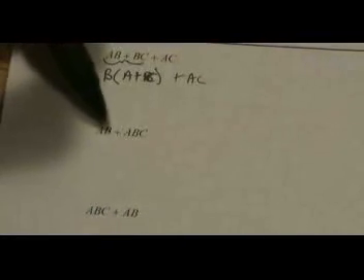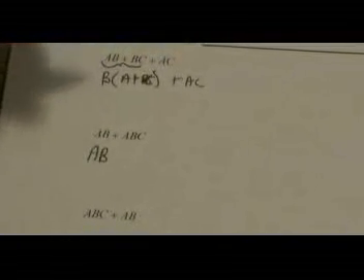Problem 2, however, will have quite a bit more math involved. As I look at problem 2, I see two terms, AB, ABC. I notice that AB are in both terms, so I will take out AB, write down 1 plus C, which is left over.